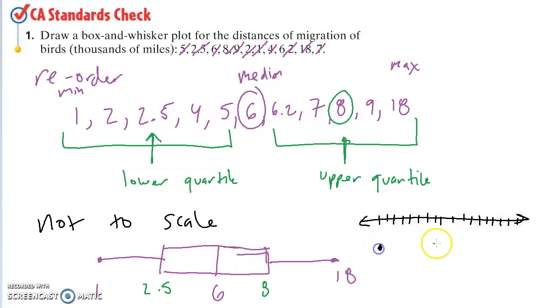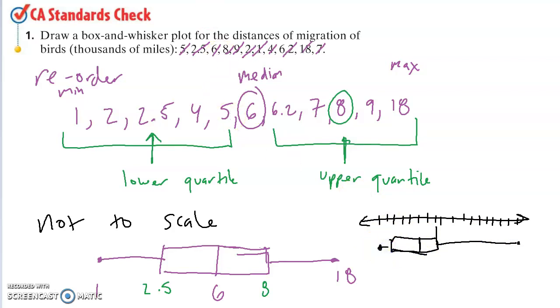So maybe we would have it like this, where 1 and 18, and 6 is going to be the middle of the box, and this goes between 2.5, and this goes to 6, 7, 8. So maybe the box looks like this, and then stretches out like that.